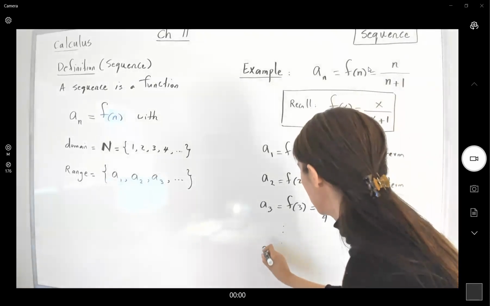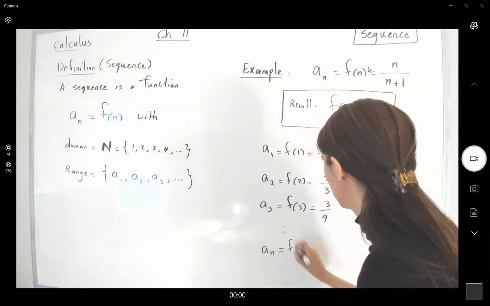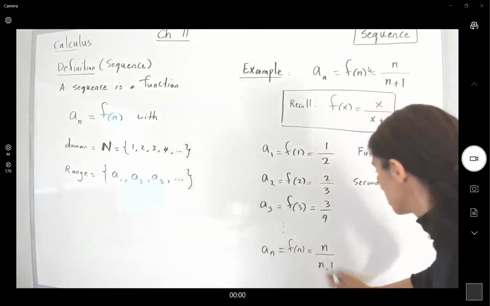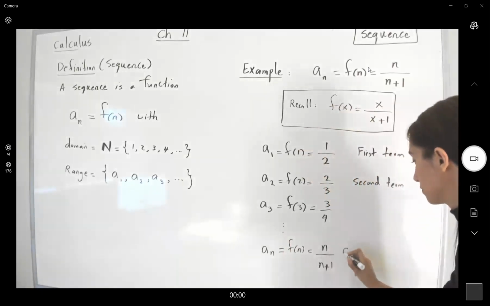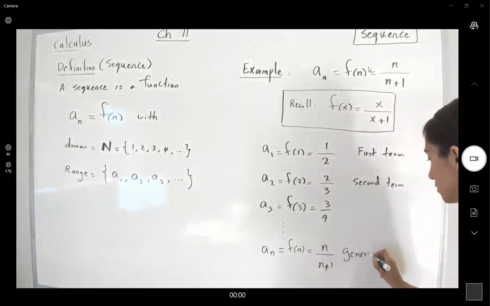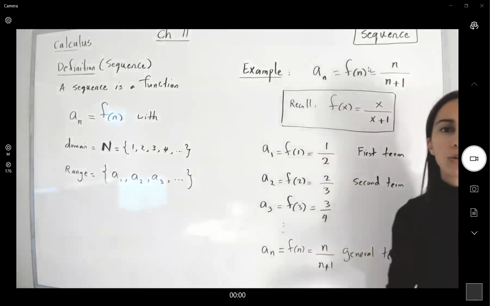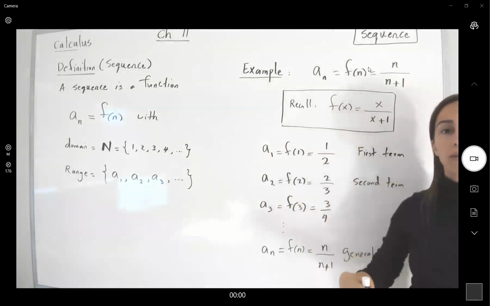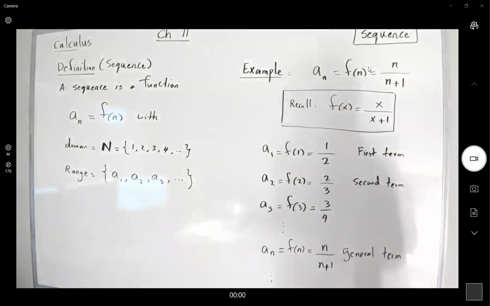So a sub n equals f of n, which is n over n plus 1. We can continue this: you can find the next terms, a sub n plus 1, a sub n plus 2, and continue this process.